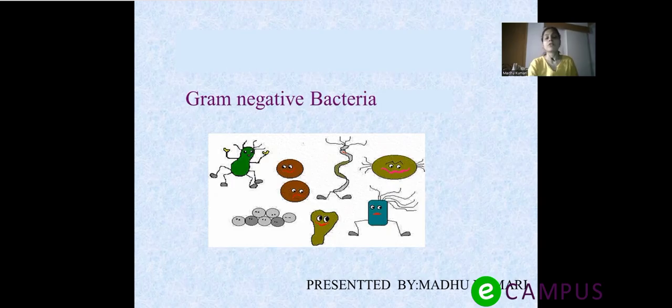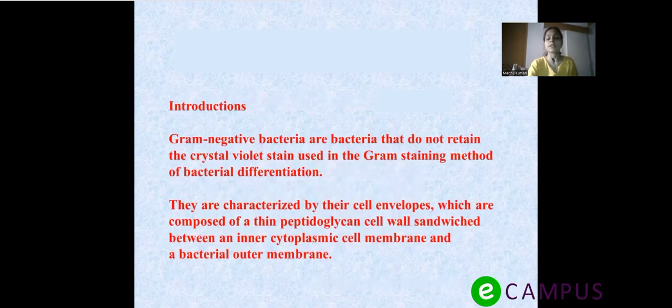So first of all, what are gram-negative bacteria? Gram-negative bacteria are bacteria that do not retain the crystal violet stain used in the gram staining technique, right? Gram staining is the process of staining by which we can differentiate gram-positive bacteria and gram-negative bacteria, right?